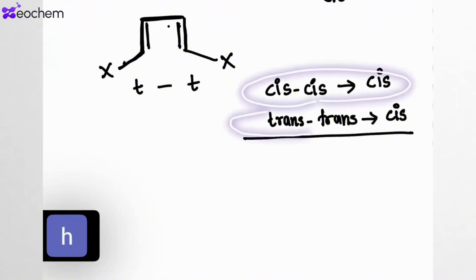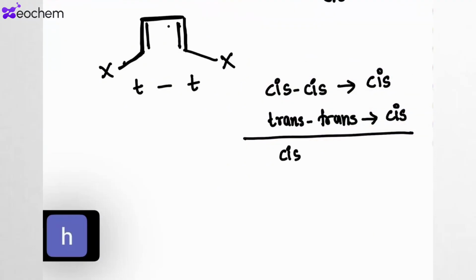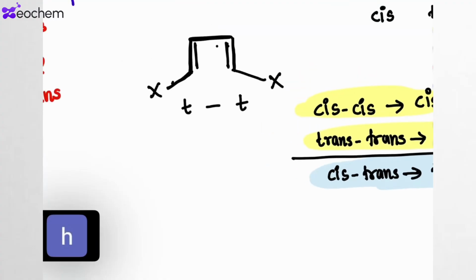And if both bonds are trans also, the stereochemistry is cis. Now, if one bond is cis and the next bond is trans, that means the overall stereochemistry of the reactant is trans. This we need to remember. If one bond is cis and one is trans, then the overall stereochemistry is trans. Otherwise, if both bonds are cis, then it is cis. If both bonds are trans, then also it is cis. So here you look: both bonds are trans. That means the overall stereochemistry is cis.